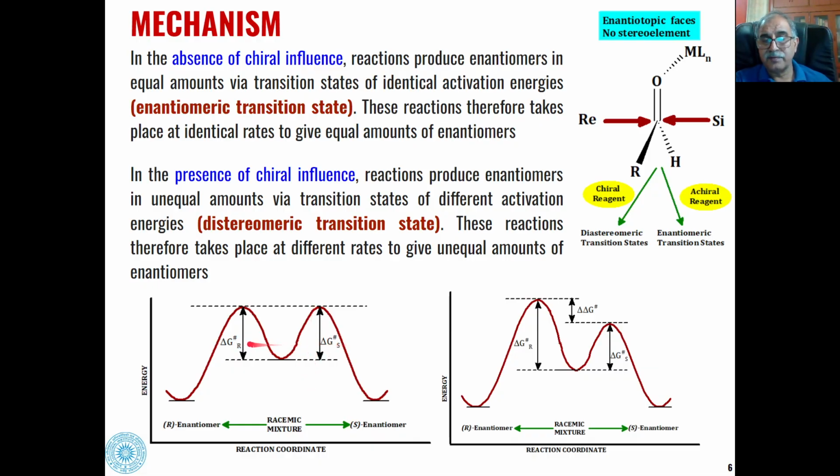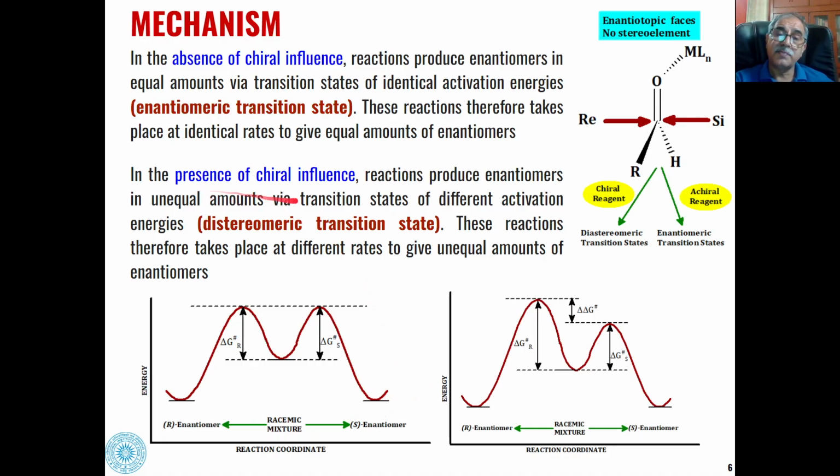So the rate of reaction of either enantiomer getting converted into a racemic mixture will be the same. Such reactions are not stereoselective, because the amount of enantiomer formed in each case will be the same.